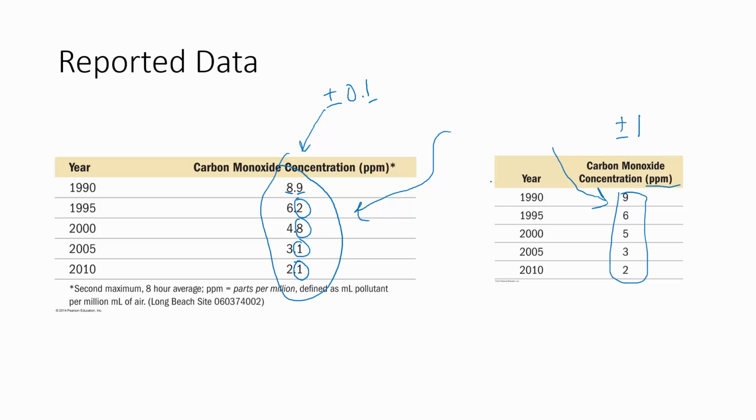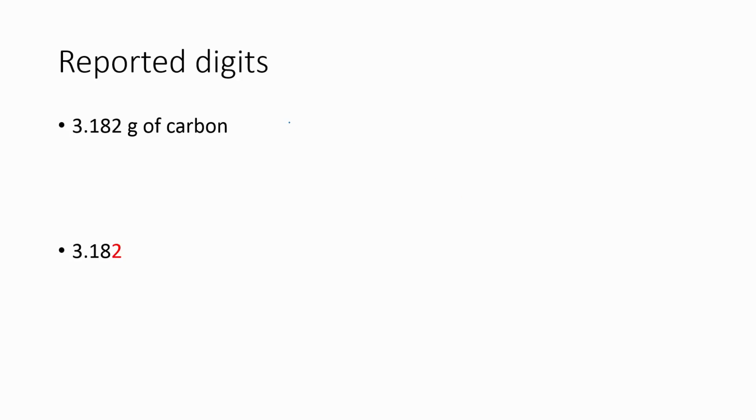So only the person measuring it has a good indication right off the bat, without these other external cues, of the reliability of the measurement. So you have to transfer that information about reliability across in some way. And this idea of how many digits I am going to display is one of those ways to convey reliability of a measurement. So let's look at reported digits.